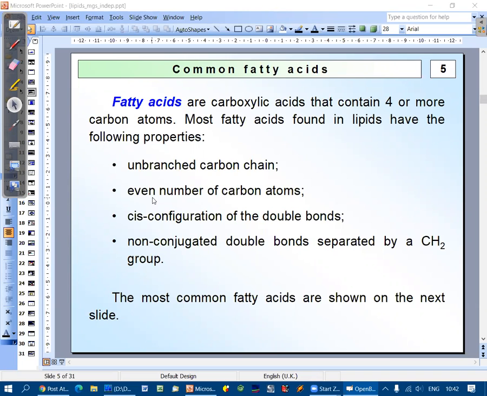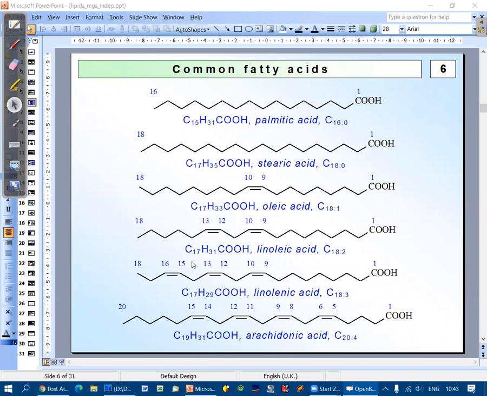In unsaturated acids, double bonds have cis configuration, and I'll tell about it a little bit later why. These double bonds will be separated by one CH2 group. So there is no conjugation in unsaturated fatty acids. So these are fatty acids.